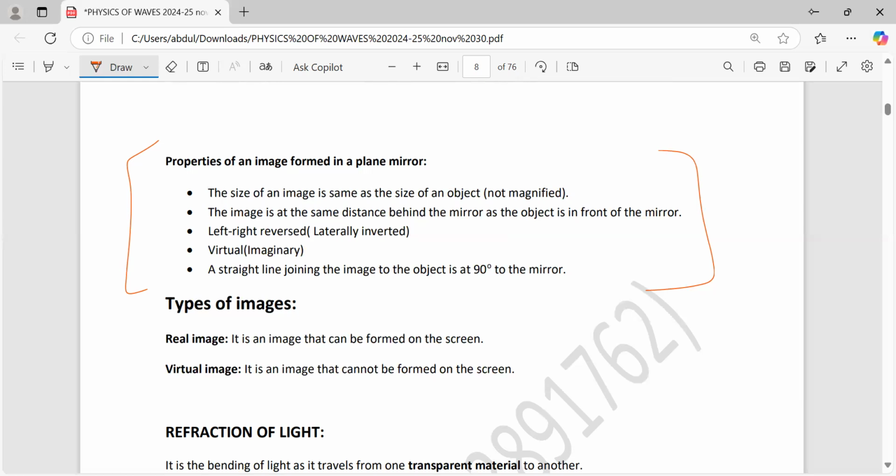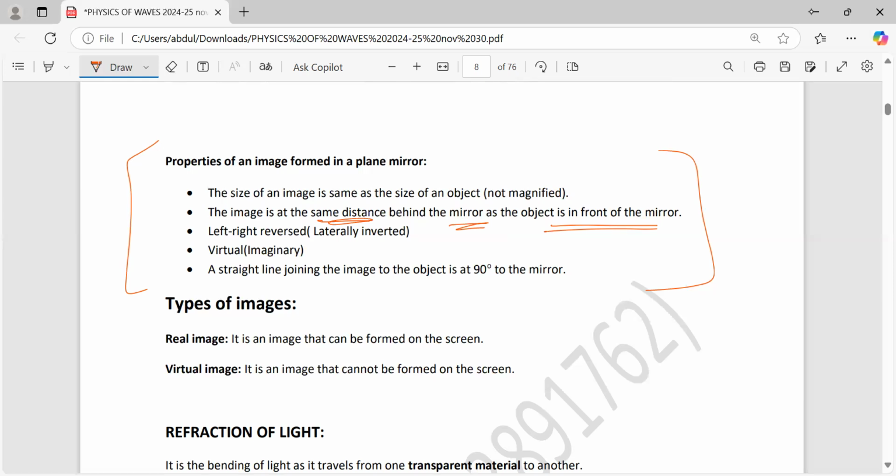This is the first property. Image in a plane mirror: the image is at the same distance behind the mirror as the object is in front of the mirror. Then left-right reversed, laterally inverted, virtual, imaginary.